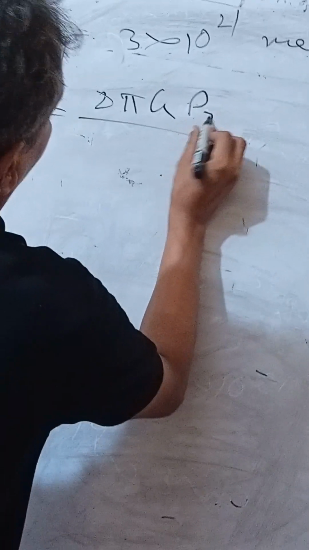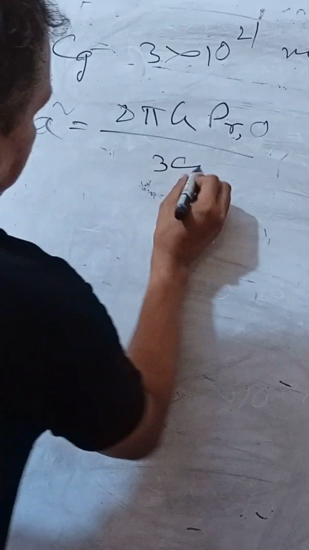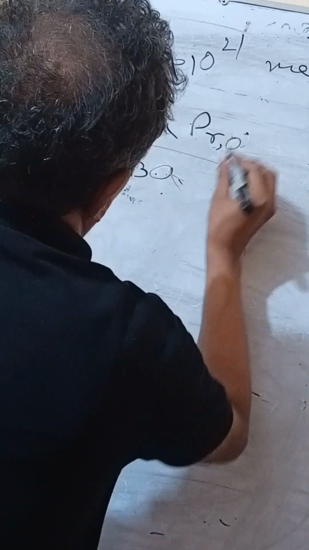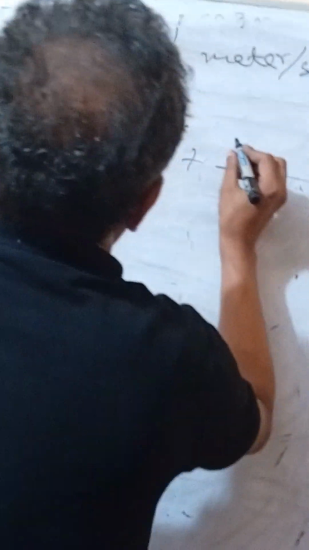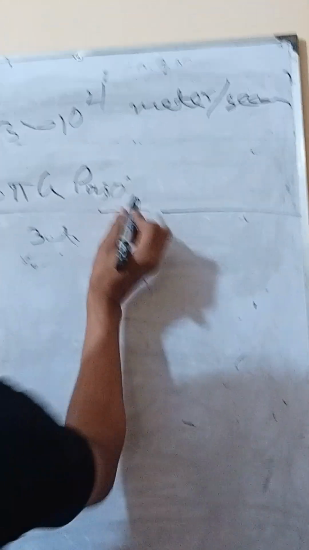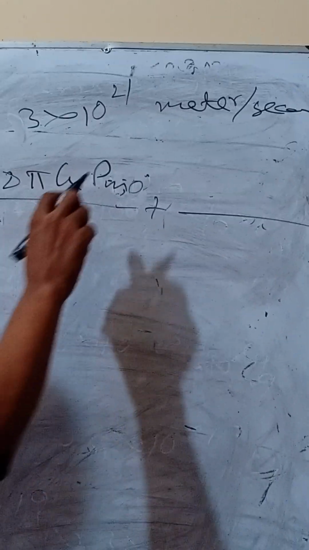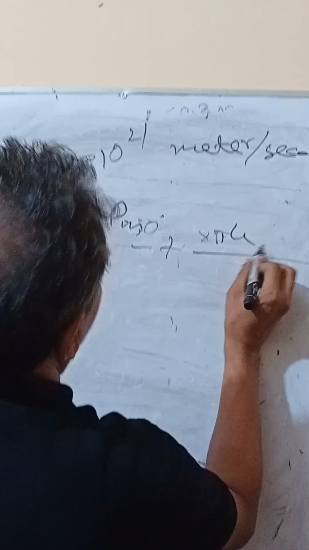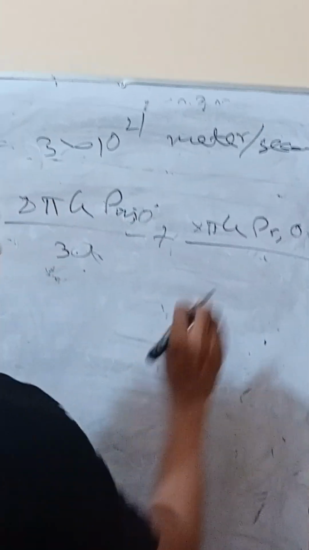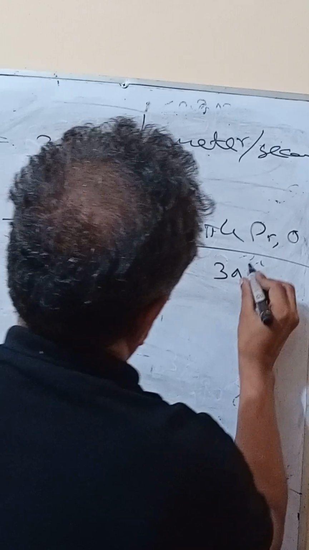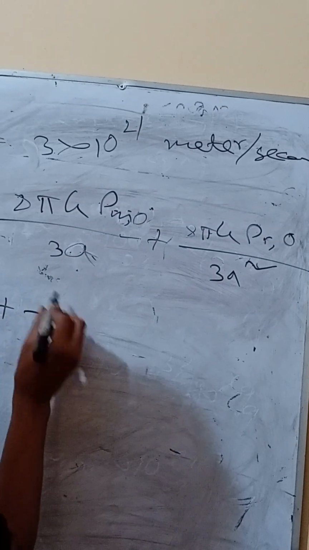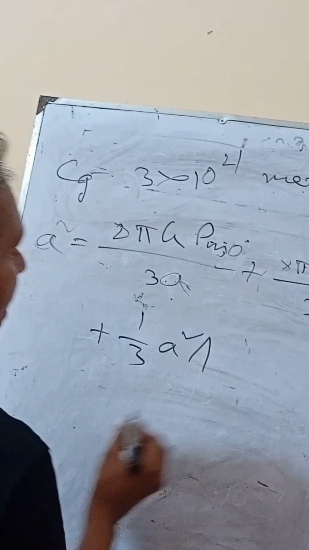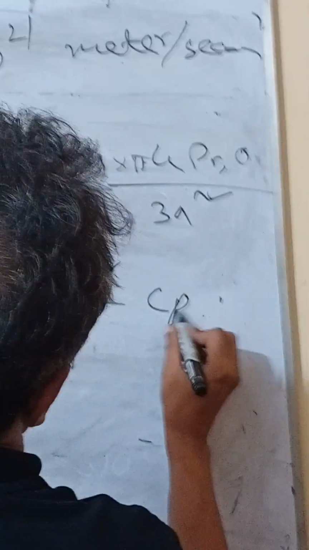rho R0 3A plus M0 3A. Rho M0 is equal to density of matter in the universe. 8 pi Z rho R, radiation, density of radiation in the universe, plus 1 by 3 A square cosmological constant C square minus Cp square.